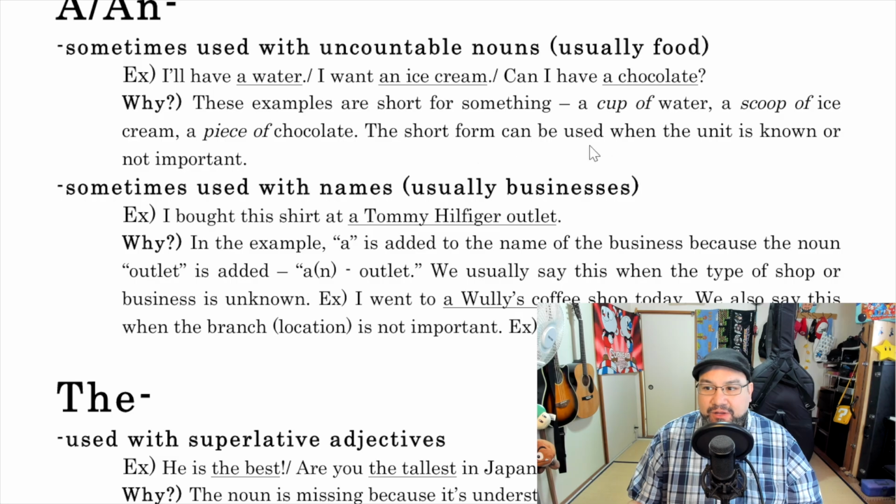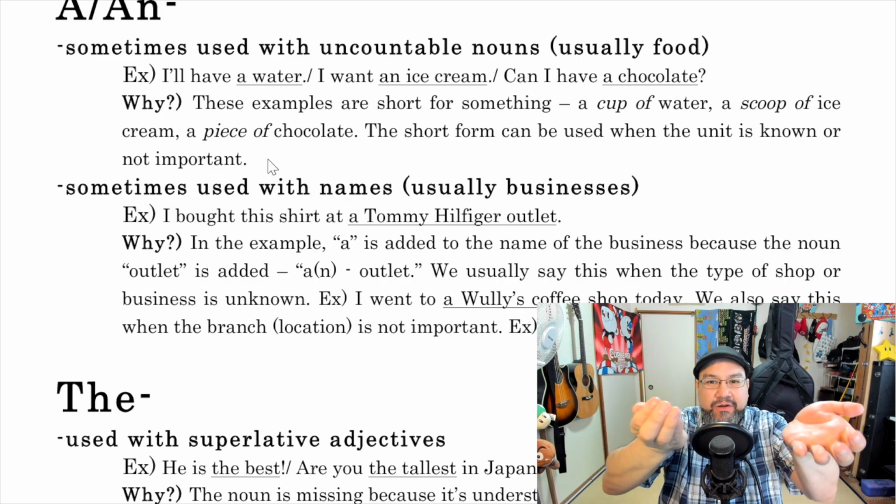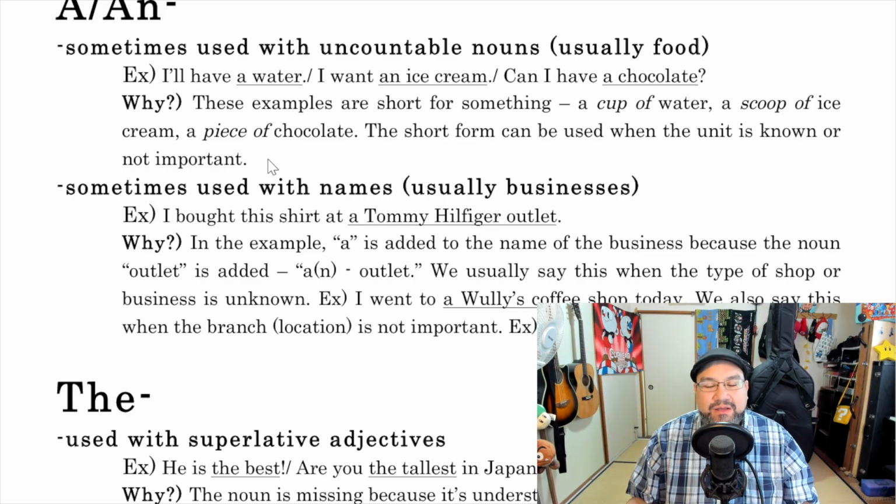The short form can be used when the unit is known or not important. Usually when you go to a bar, two beers, please. Of course, they're not going to just pour beer into your hands. They're going to put it in a glass. So when you say two, of course, beer is uncountable, but if you ask for two, they know two glasses of beer, right?